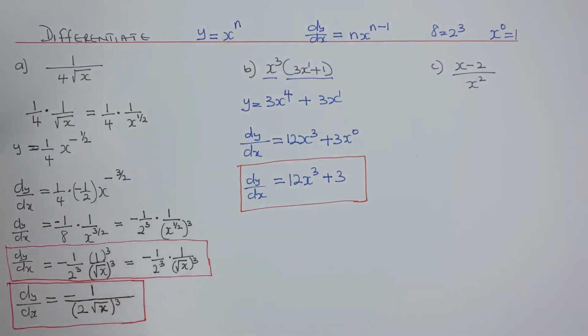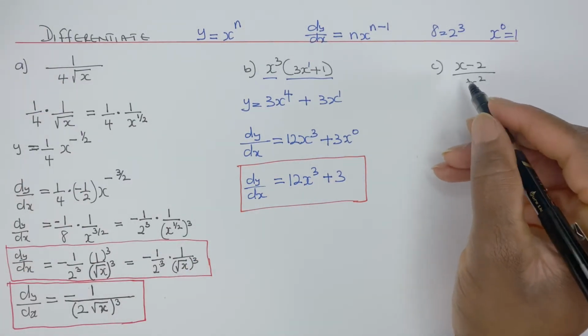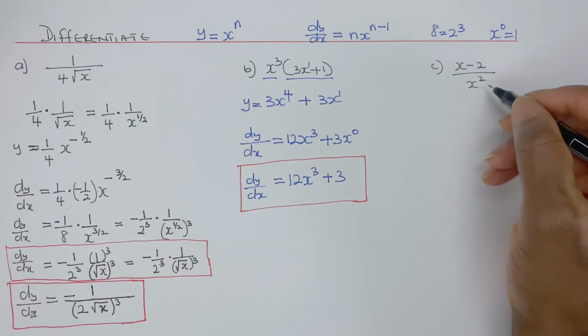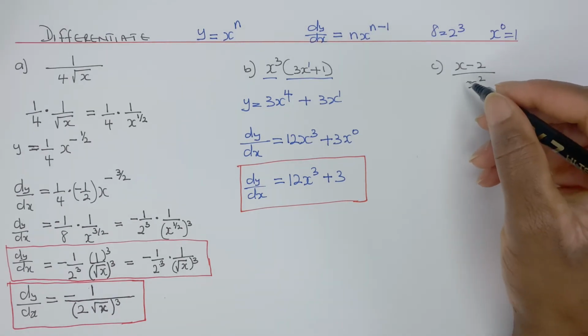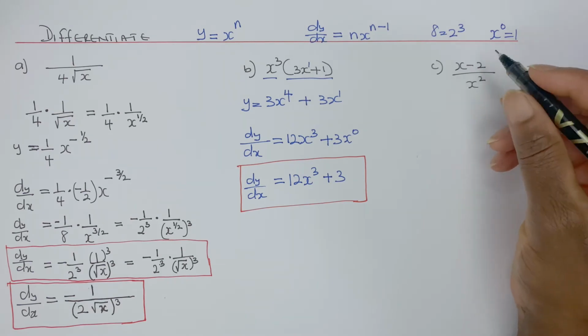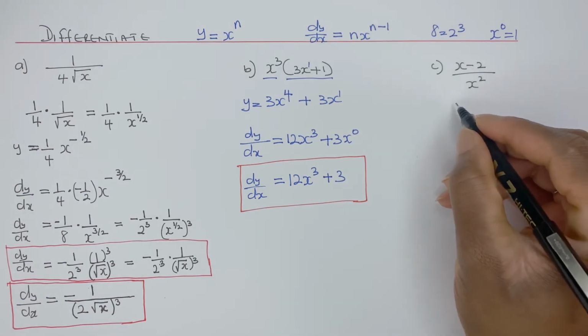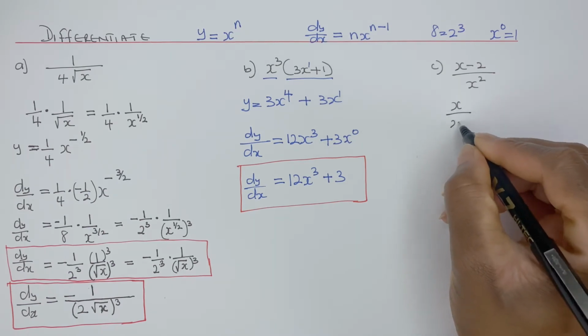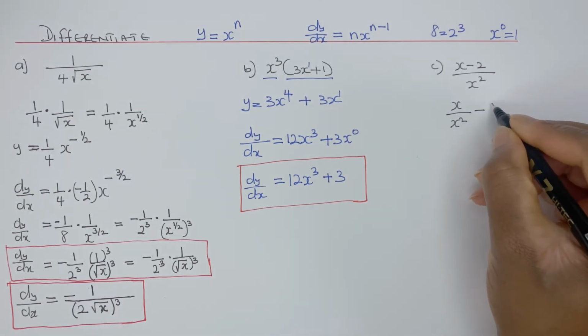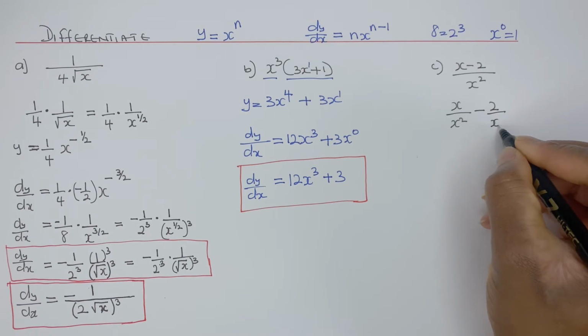Now the final one here, C. This is a quotient. Quotient means divide. It's a fraction. But the best thing to do is to simplify rather than use the quotient rule. So to simplify that, we just say, well, that's x over x squared minus 2 over x squared.